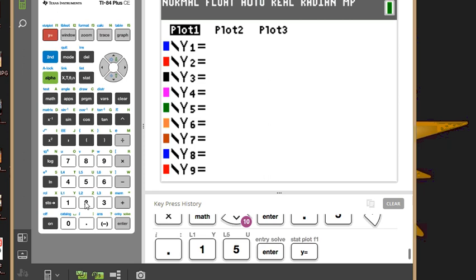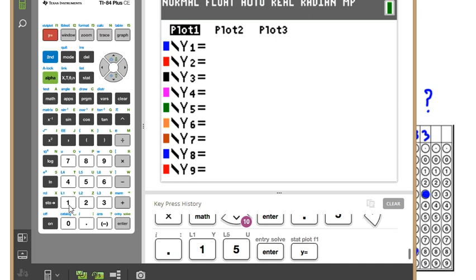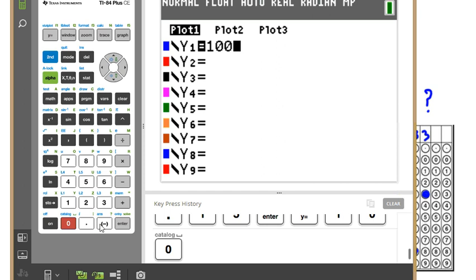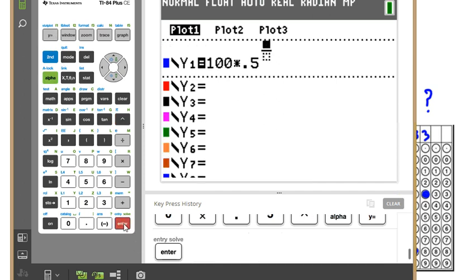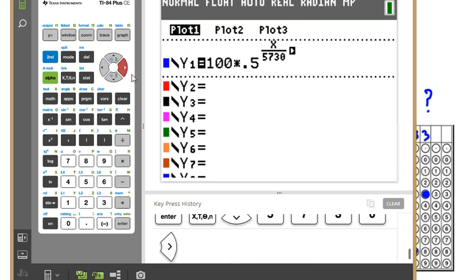We'll put in 100, make sure I get this right, times 0.5 to the power of x over 5,730. I'm going to subtract 15 over here.